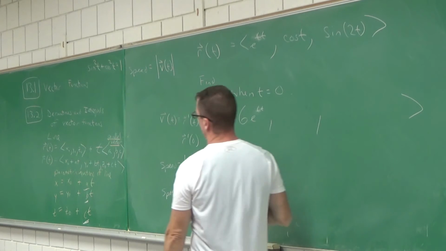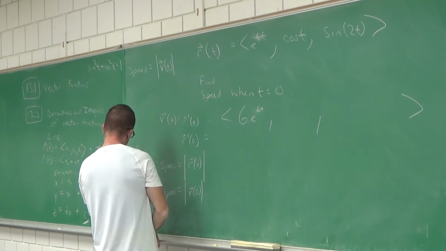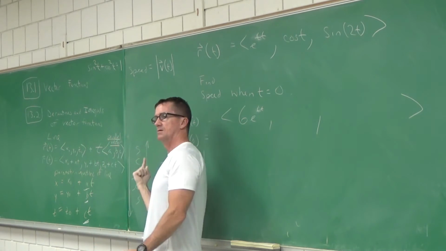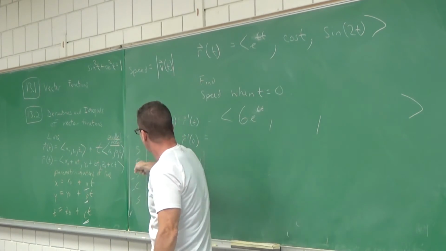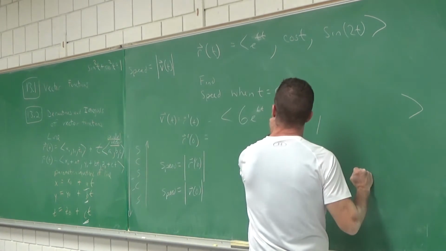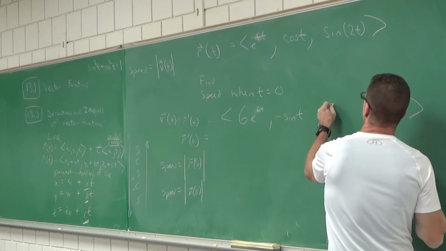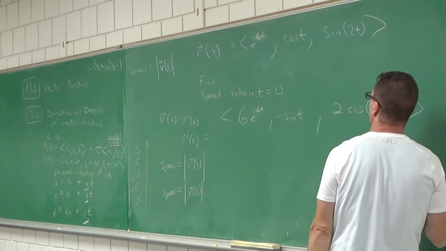The derivative of cosine is negative sine of t. And the derivative of sine of 2t is cosine of 2t times the chain rule 2.